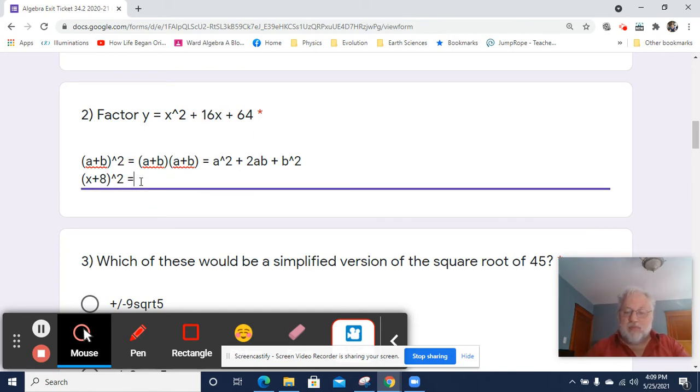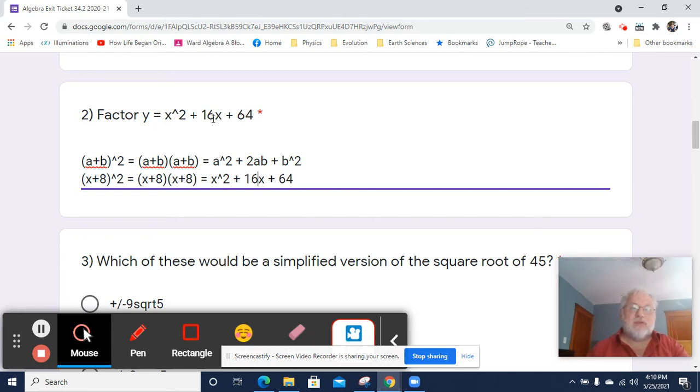Now I'm going to go ahead and multiply this out just to prove it. x plus 8 times x plus 8 will be x squared from the x times x, plus 8x from the 8x, plus 8x from the other 8 times x, plus 8 squared. And 8 squared is going to be 64, and 8x plus 8x is going to be 16x. And there you have the whole thing.